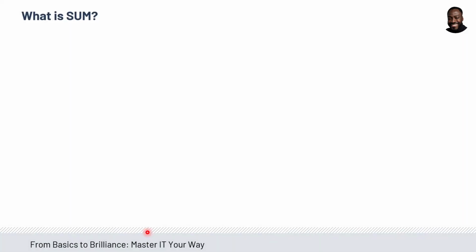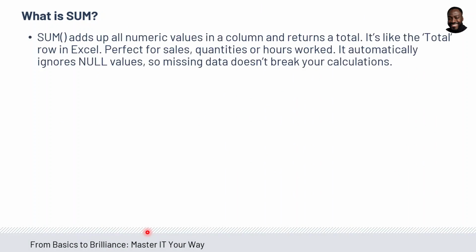So what is SUM? SUM adds up all numeric values in a column and returns a total. It's like the total row in Excel, perfect for sales, quantities, or hours worked. It automatically ignores null or empty values, so missing data doesn't break your calculations.